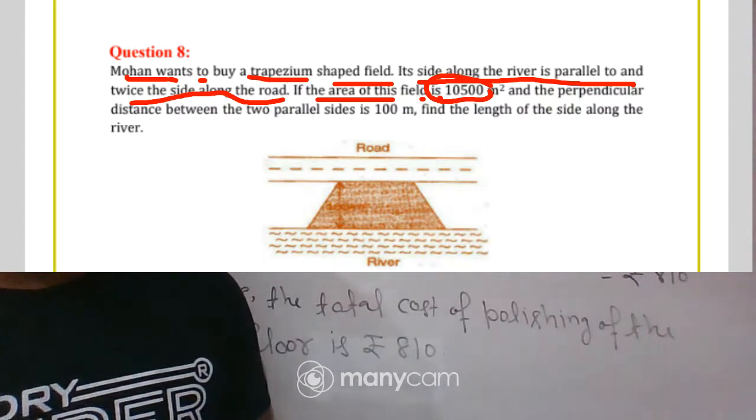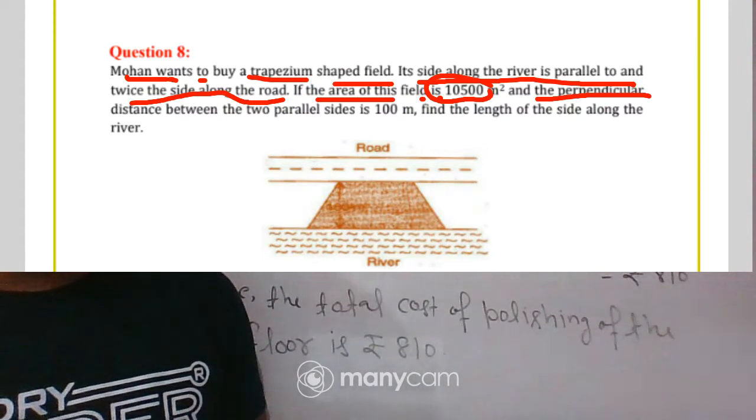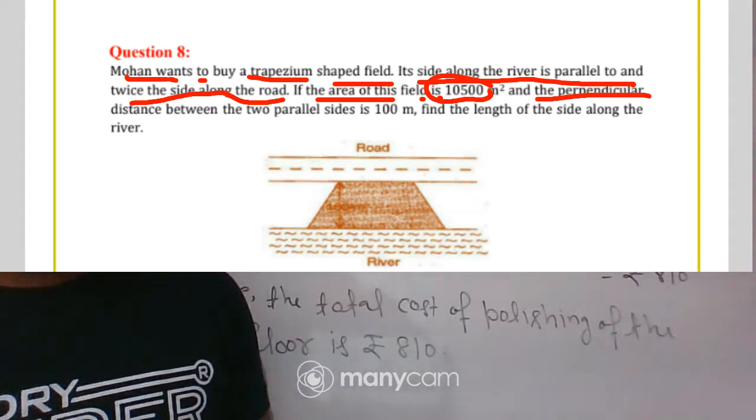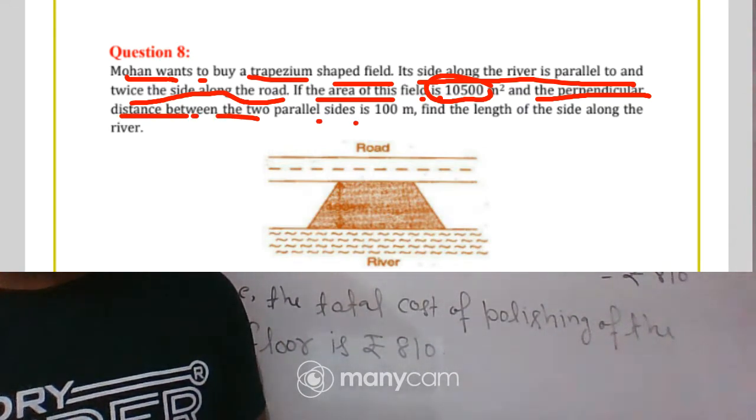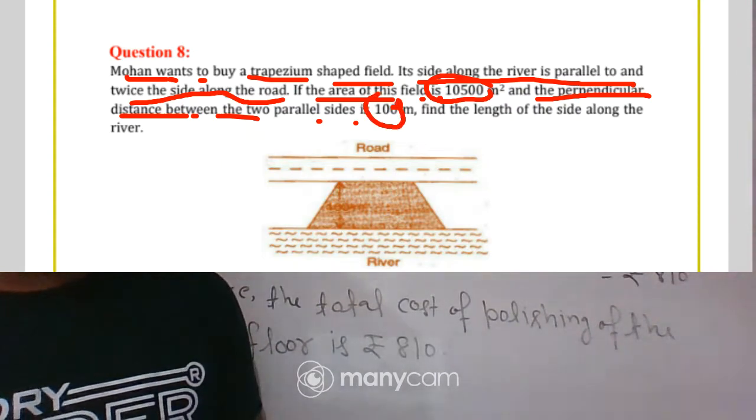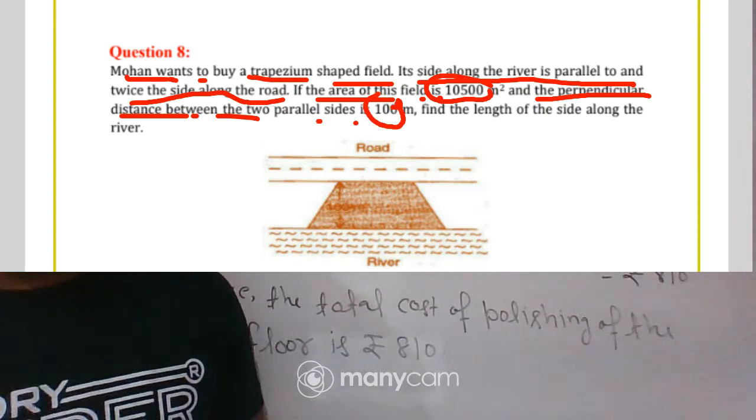This is given, and the perpendicular distance between the two parallel sides is 100. This is h. Find the length of the side along the river.